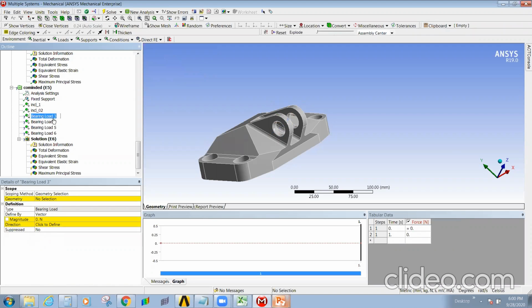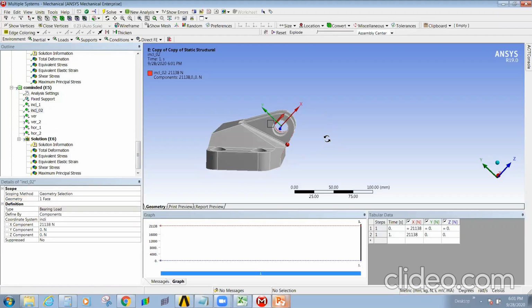Now third one, you need to decide vertical 1, vertical 2, and third will be horizontal 1 and horizontal 2. Now for inclined 1 and 2, it has already been assigned.